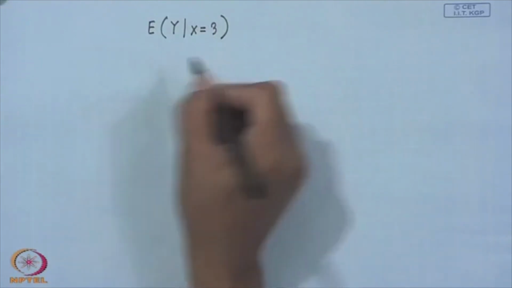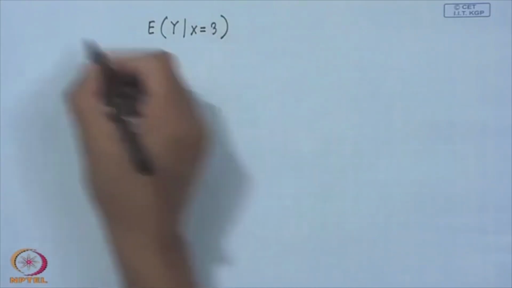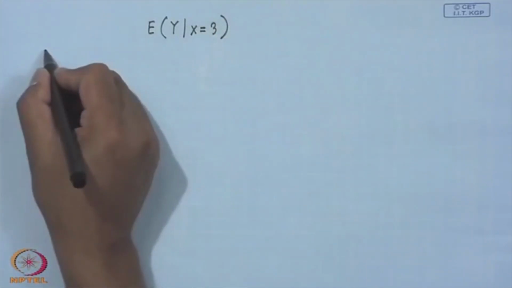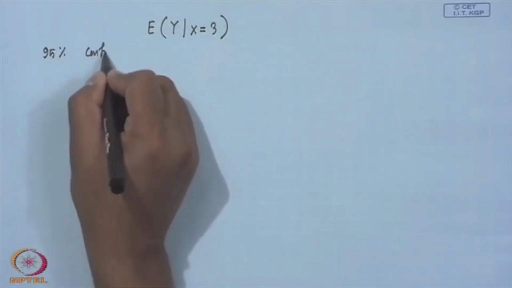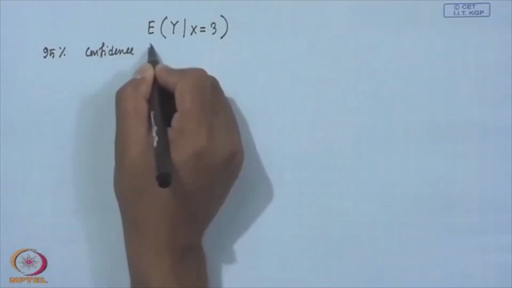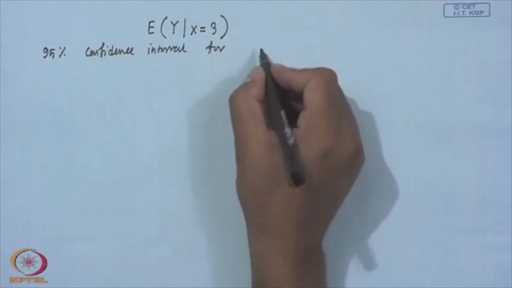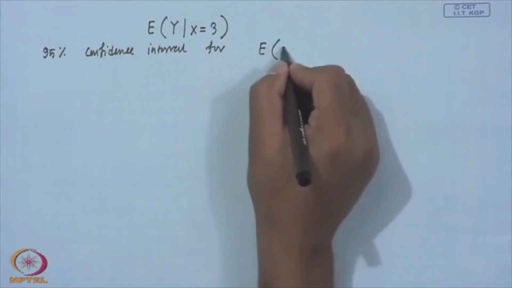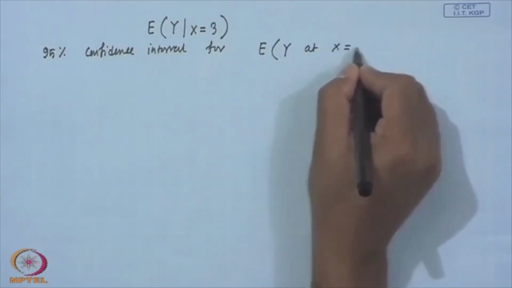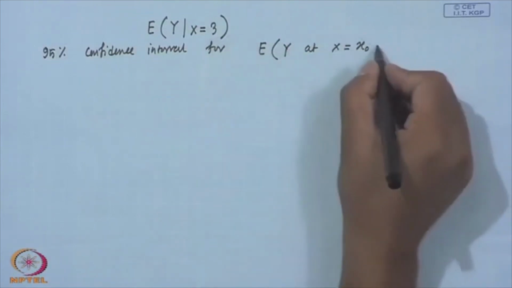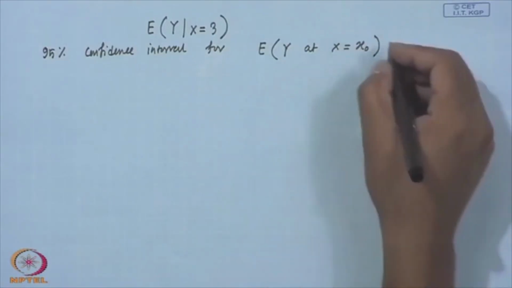Well, so instead of x equal to 3, I will write that we are looking for a 95% confidence interval for the mean value of y at say x equal to x naught. So, x naught is nothing but 3, that I will plug in at the end. Okay. Let me solve this in general for x naught.